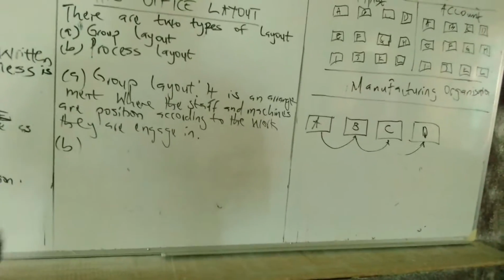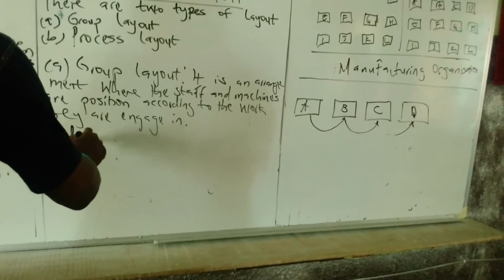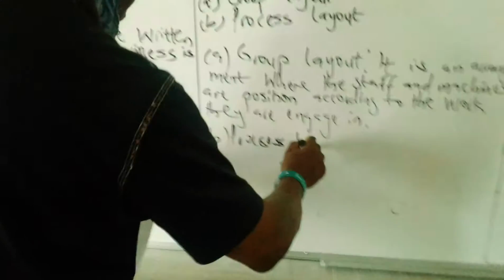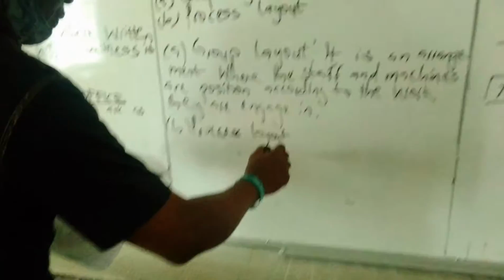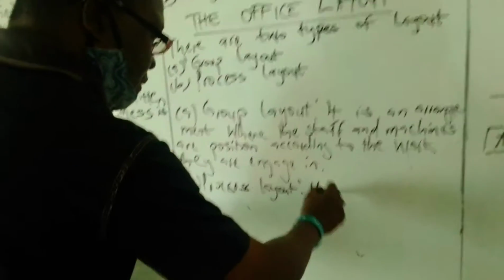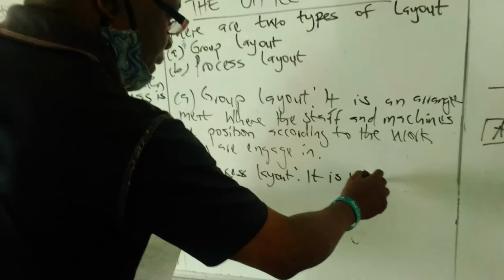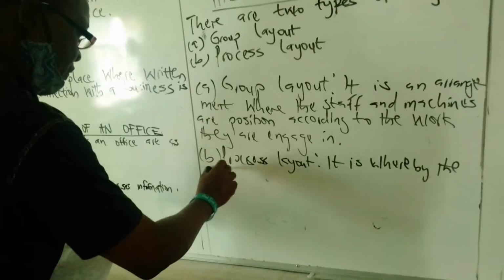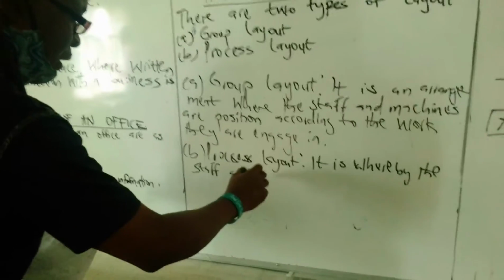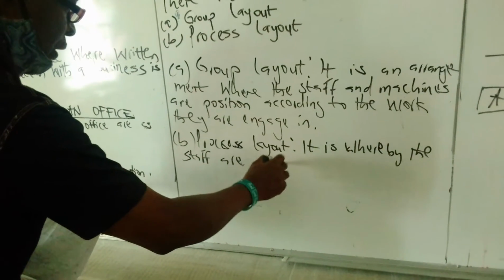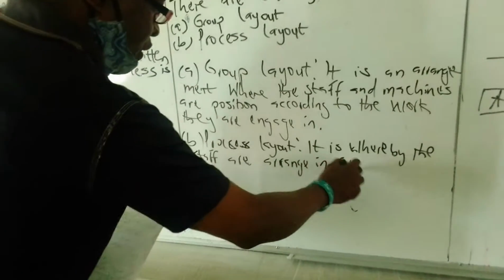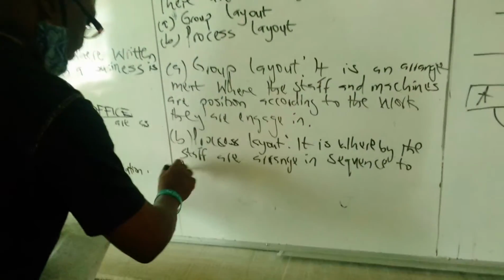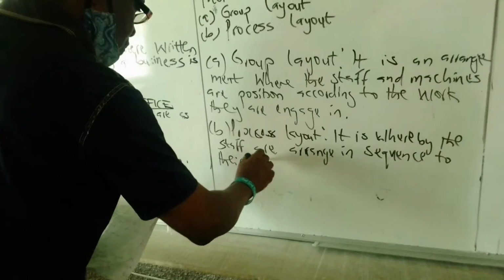Then B, your process layout. It is whereby the staff are arranged in sequence to their work.